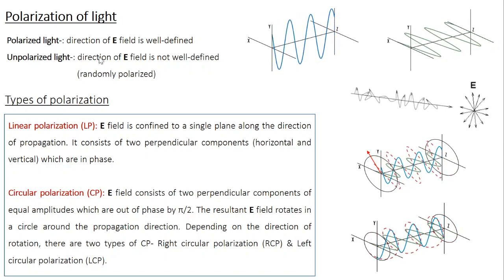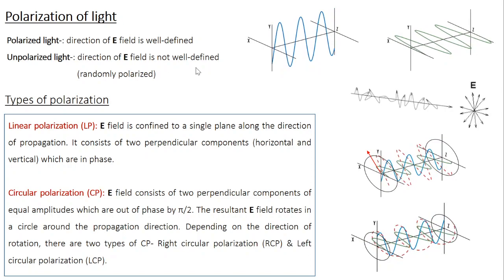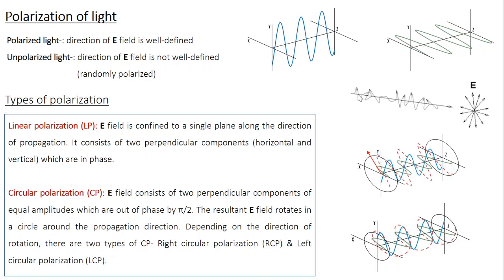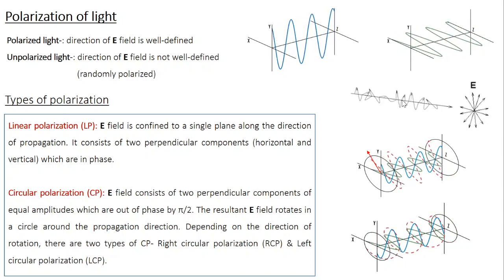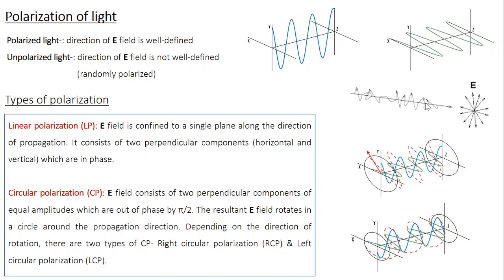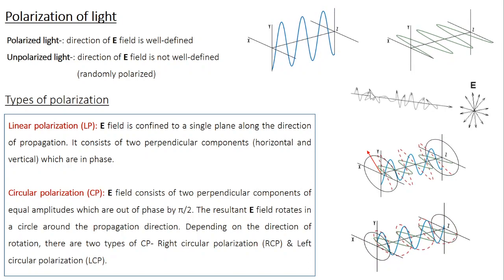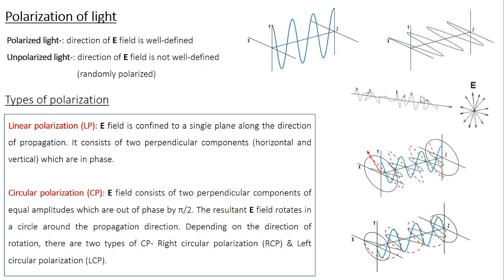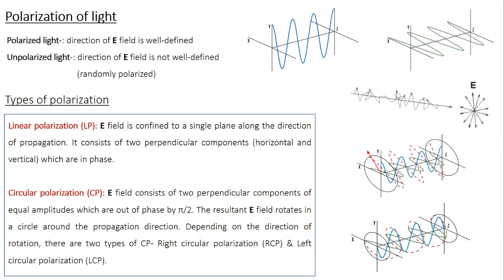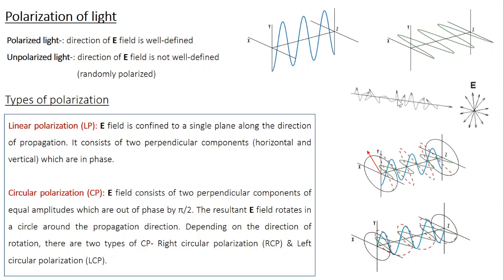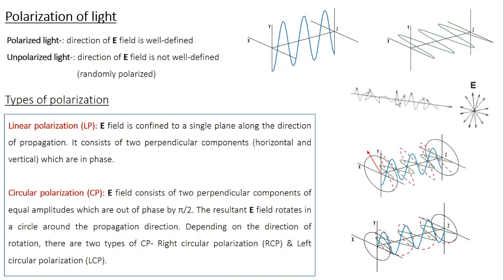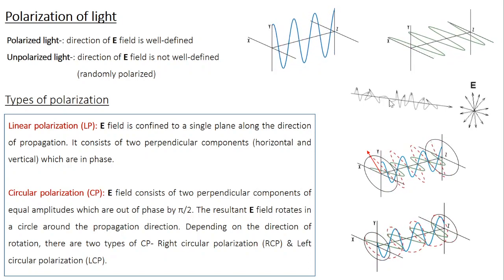In the case of unpolarized light, the direction of electric field is not well defined. For example, in this picture, at different points the electric field is oriented in different directions. This is okay, even in polarized light, in some cases the electric field is oriented in different directions at different points. But the problem here is, suppose you find the electric field direction at a particular point, you cannot predict in the next instance what will be the direction of electric field, or in the previous instance what was the direction.